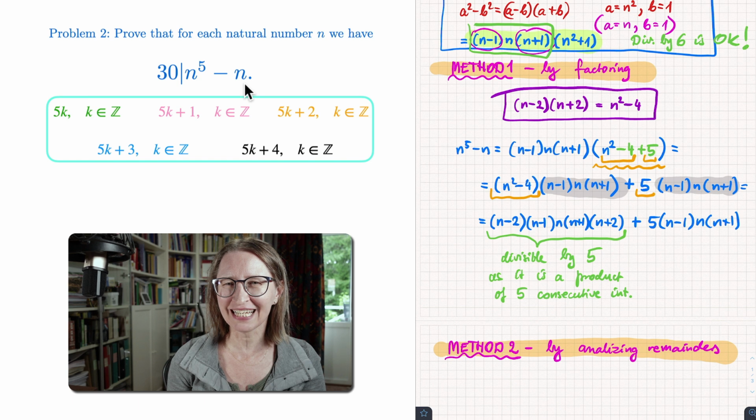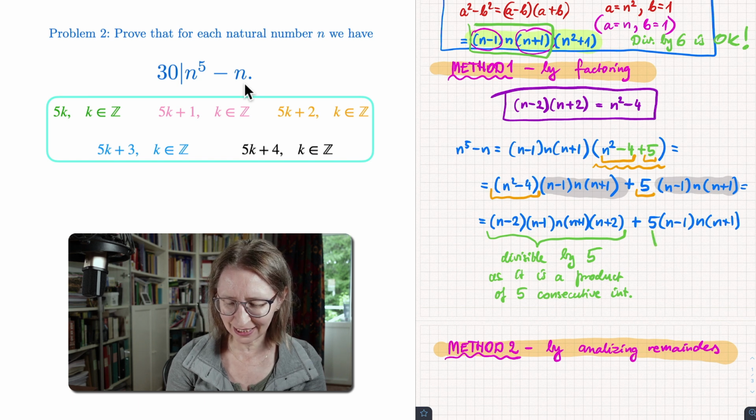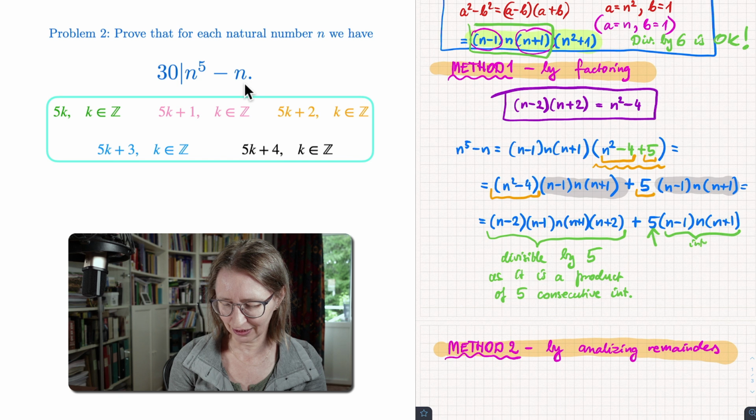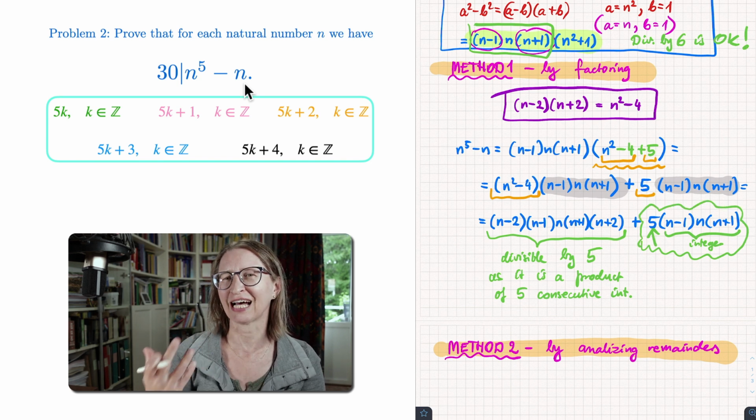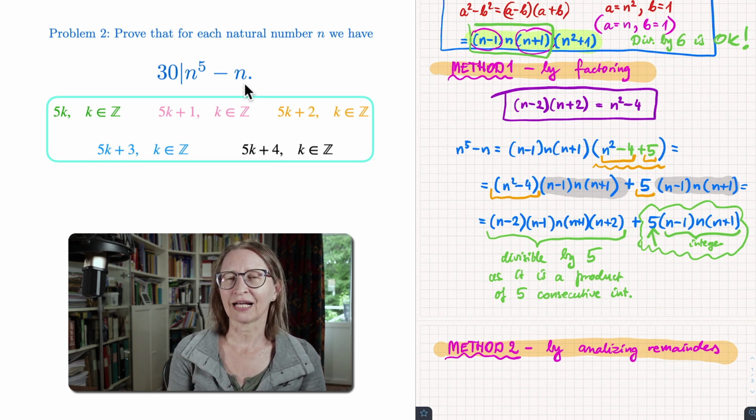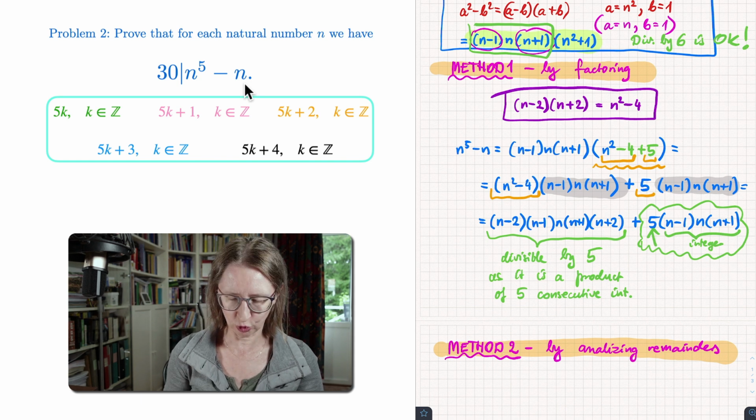And the second one is divisible by 5 because it has factor 5. It is 5 times some integer. So it is obviously divisible by 5 because it is 5 times some integer. And the sum of two numbers which are divisible by 5 is divisible by 5. So we are done with the first method.